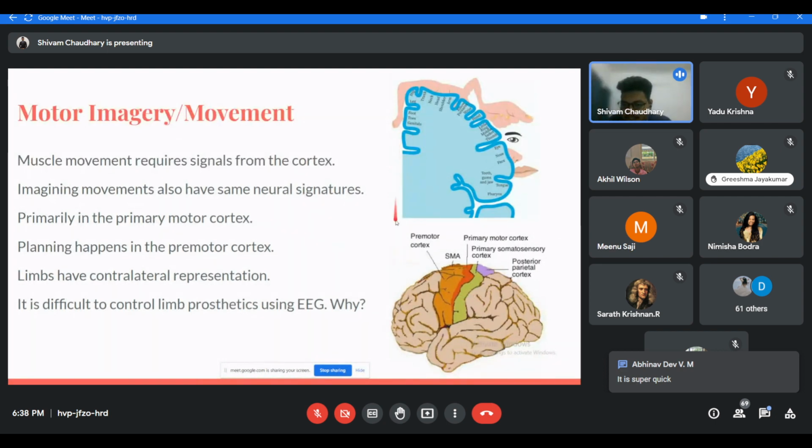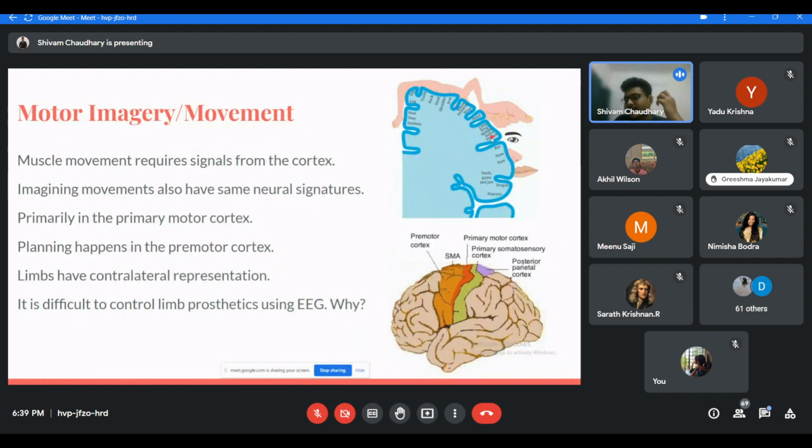So you see the picture on top right. This is called a homunculus. This is the area of the cortical surface that is dedicated to controlling different parts of the body.